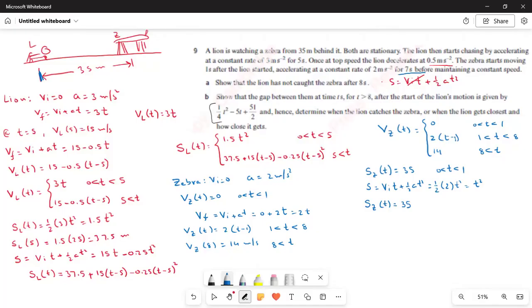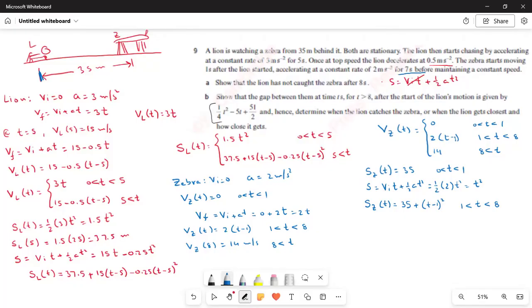Yes, and plus, now, I will not write t, I will write (t minus 1) squared because I am talking time after 1 second, right? So this is valid when time is more than 1 but less than 8, in the first 7 seconds after he started moving. Okay, so this is the distance traveled by zebra as a function of time.